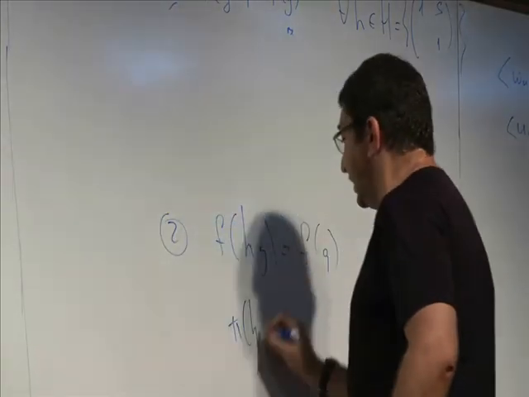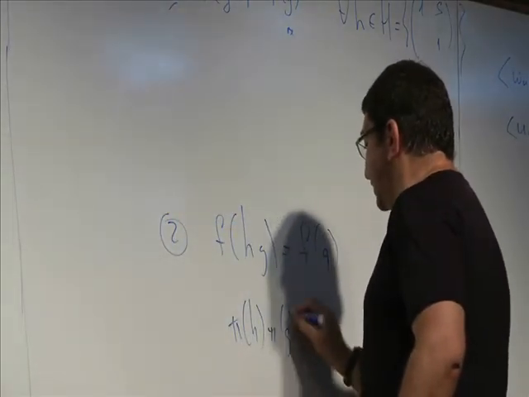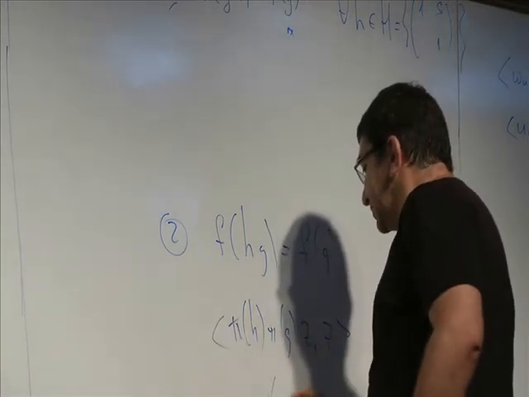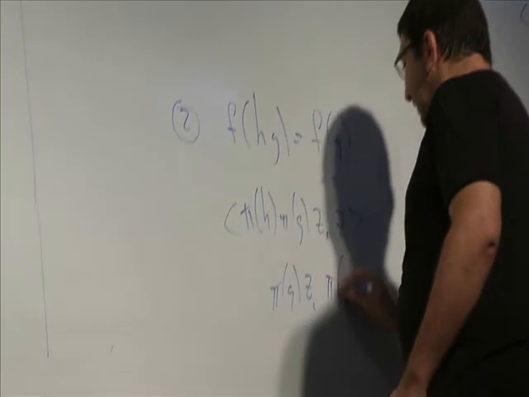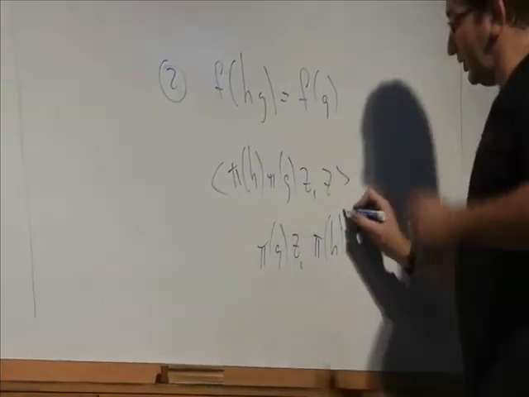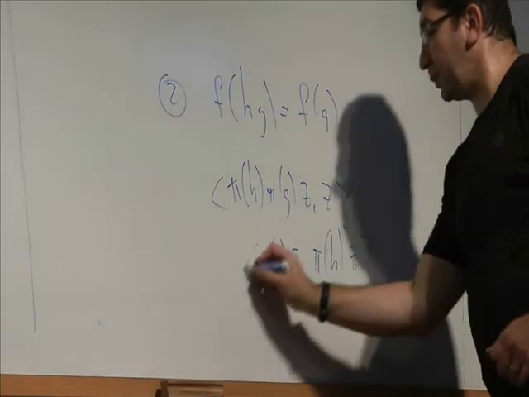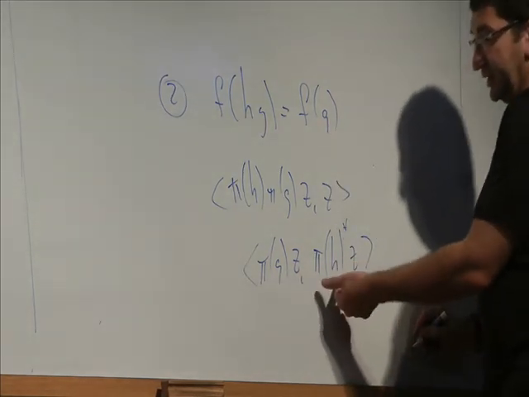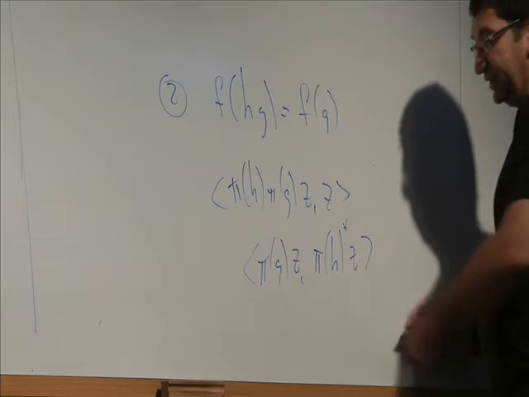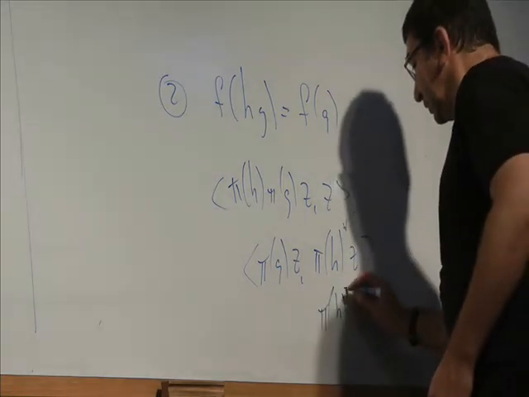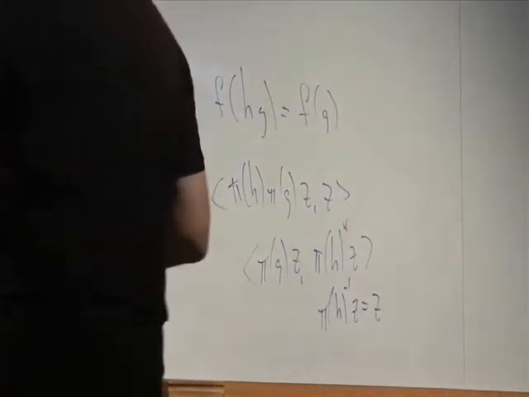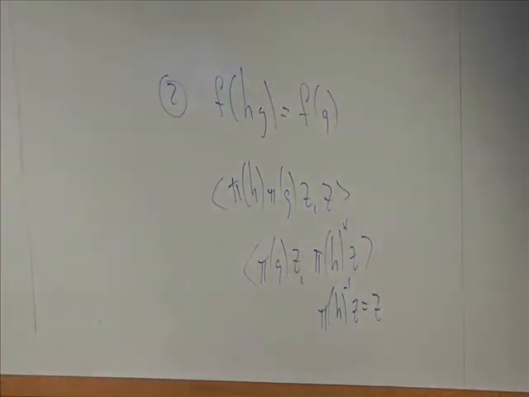This is pi(h) pi(g) z, z. Well, but this is pi(g) z, and here pi(h) conjugate. But this is the same as pi(h) inverse, and this is still in H, so it is still z. So we have this invariance of the function.